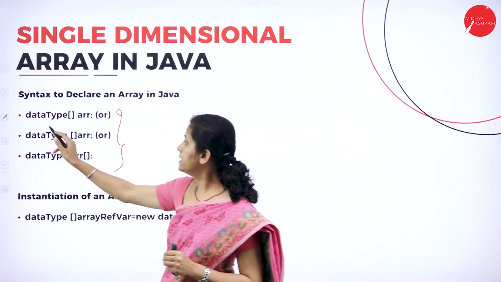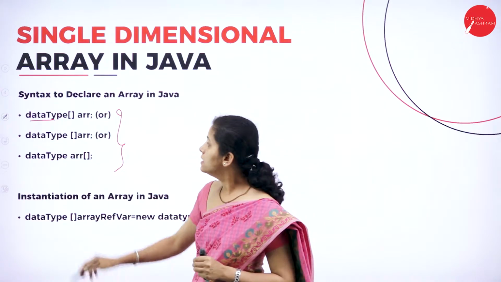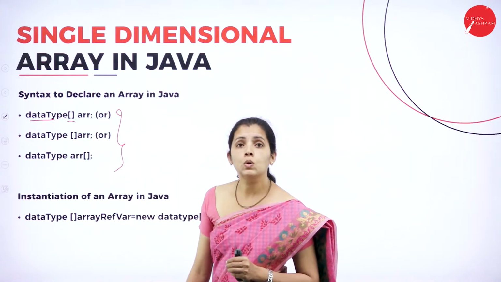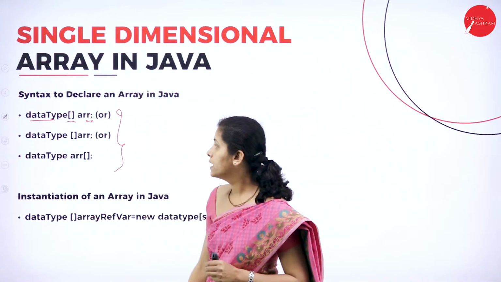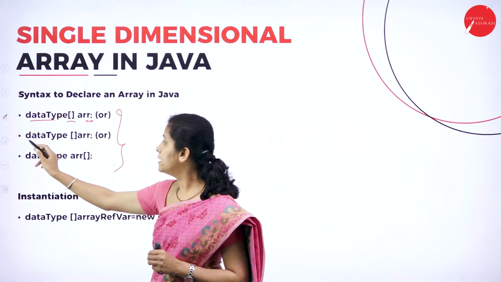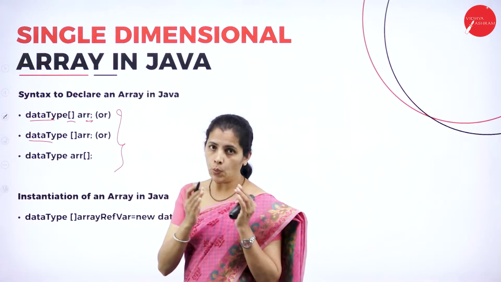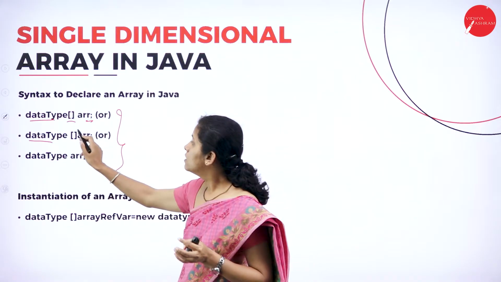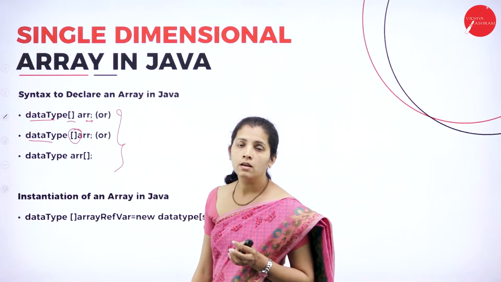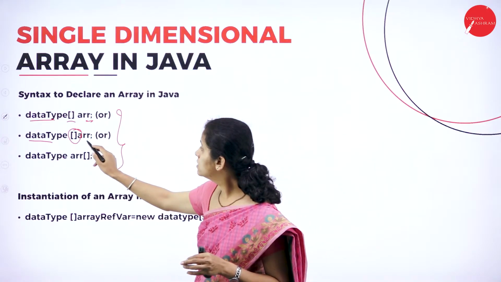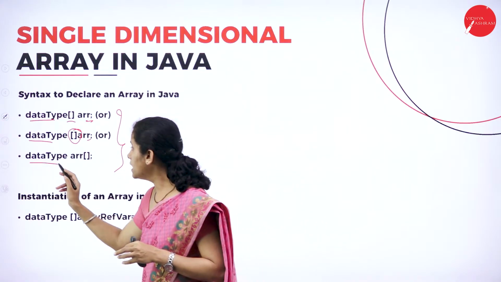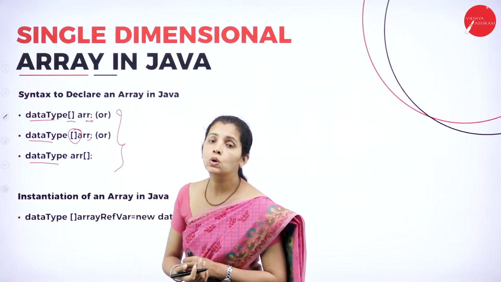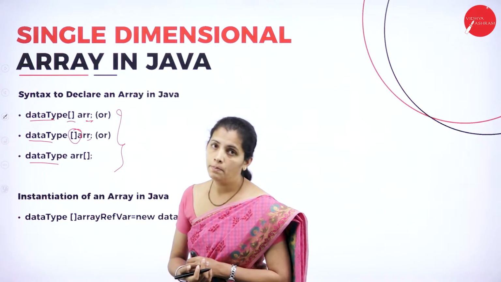So, at the beginning, data type, then opening and closing square bracket and array name. And the second type: data type, give one space, opening and closing bracket, then array name. The third: data type, array name, opening and closing square bracket.